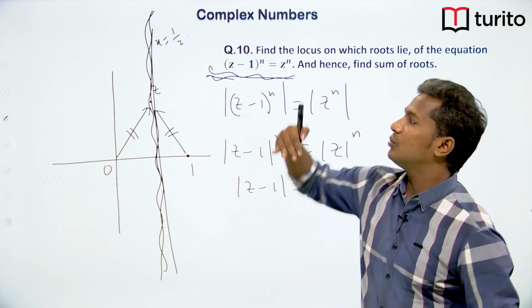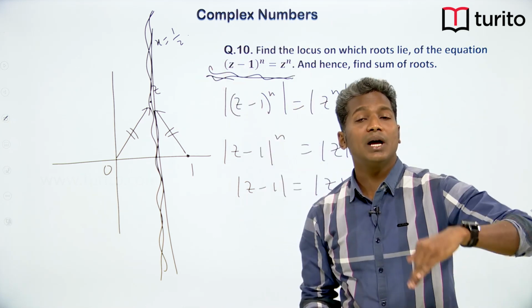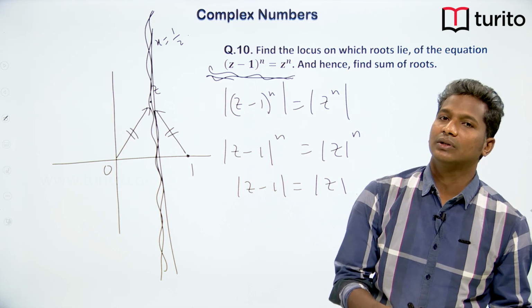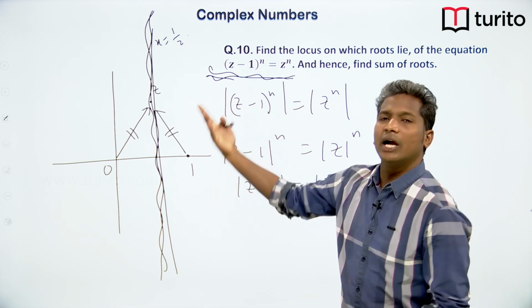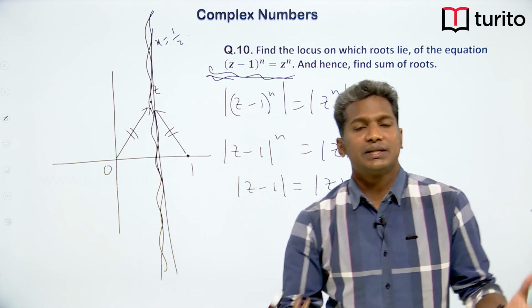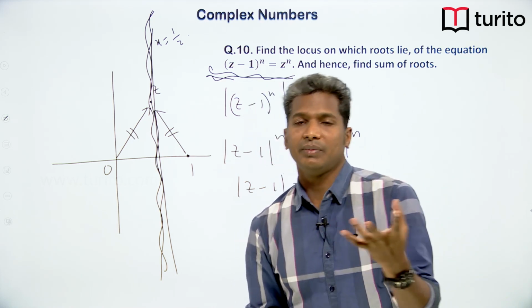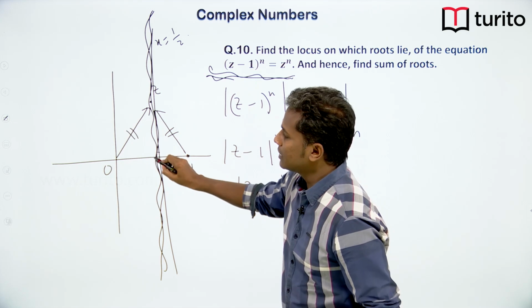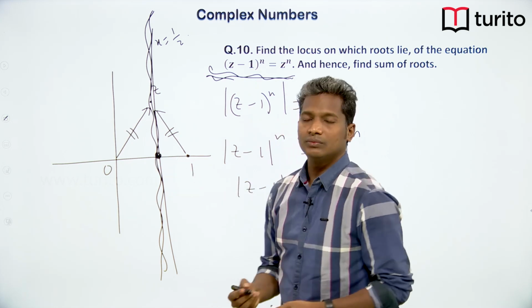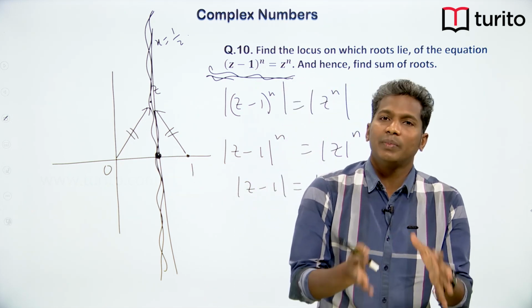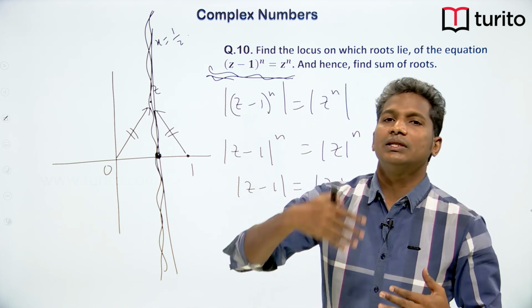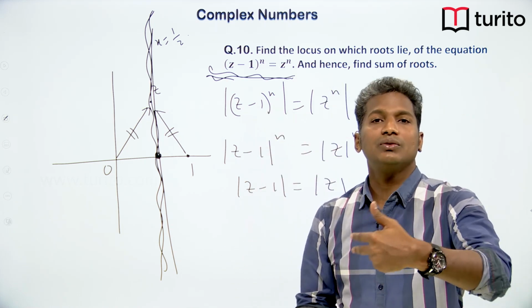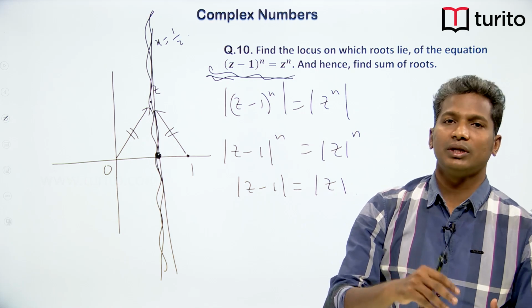So, if there is one root above the real axis, there should be another root below it. When you add all of them, imaginary parts get cancelled and only the real parts remain. Is this clear? If there is any root on the real axis, which is z equal to 1 by 2, it is possible, but otherwise whatever is above, you should get another root below the real axis.